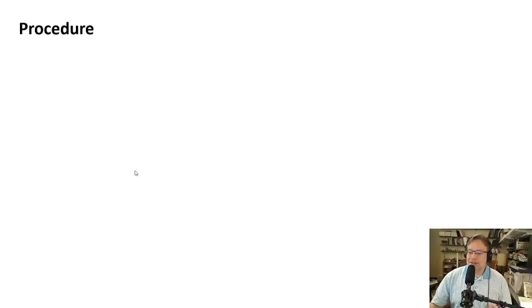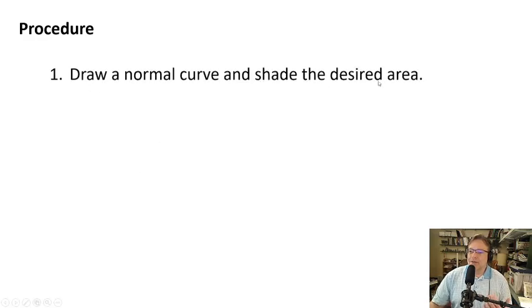So the procedure that we went through here is going to be the same procedure that you go through for each one of these problems. It's going to be pretty much the same. We first started off with drawing a normal curve and shading the desired area. That's something we learned in the previous section, where we were drawing normal curves left and right.